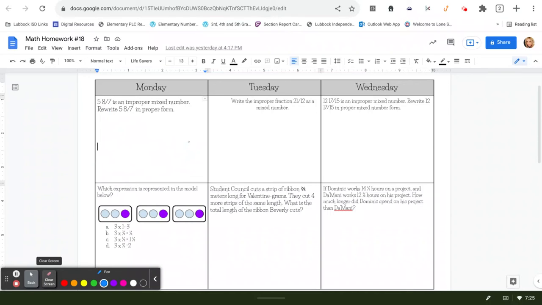Okay, looking at the next one. Which expression is represented in the model below? Okay, so let's see. I can see that this group has 2 blue ones and a purple one, so 2/3 are blue.